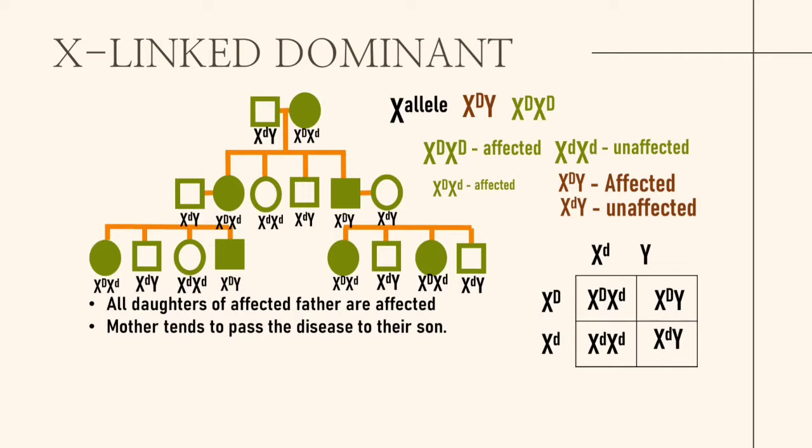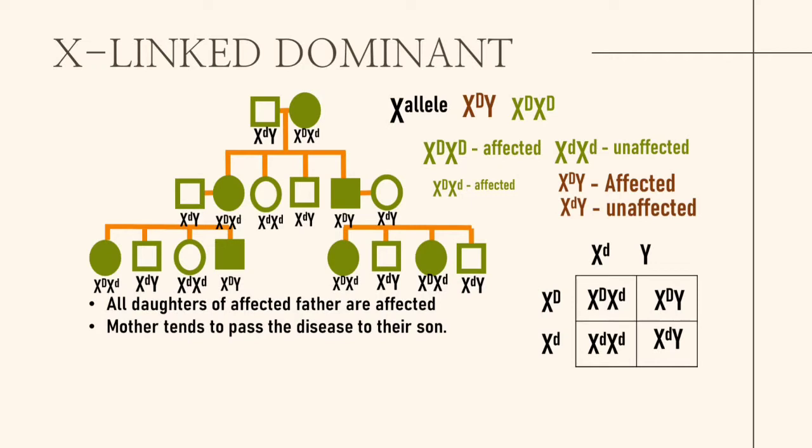So, this one is the tatay. Okay? So, as you can see in here, the tatay is the affected one while the nanay is unaffected one. Okay? So dahil nga tatay yung affected dito, so the probability of having affected daughter will be 100%.